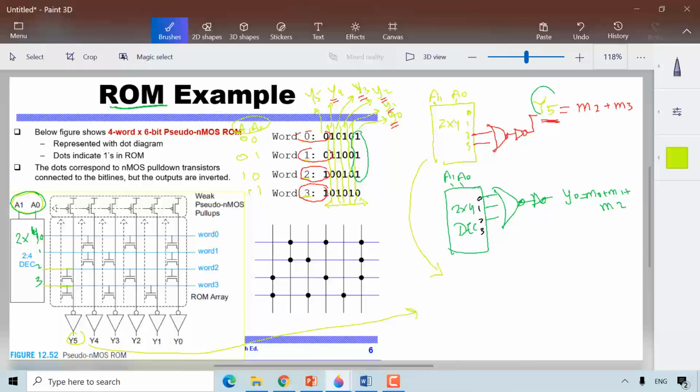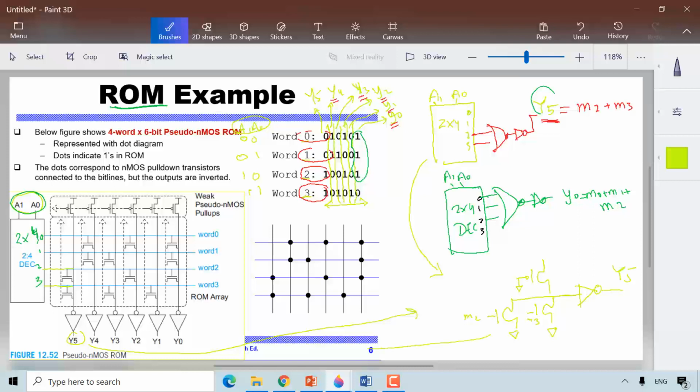So let's take this to the transistor level of what he has done here. He implemented the NOR gate as such. This is minterm 2, minterm 3, and this is ground here, and this is a pseudo NMOS OR gate, and this is the output inverter, and then you get Y5.